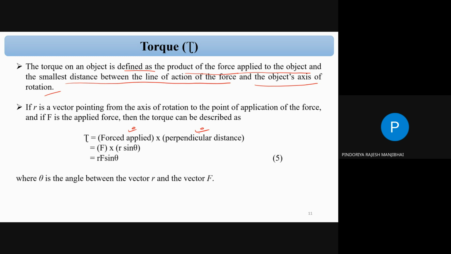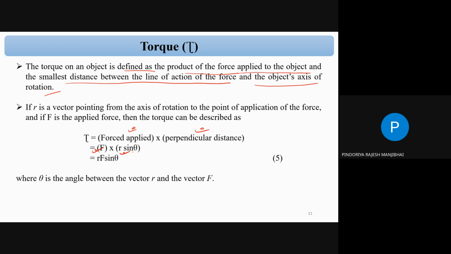Suppose you apply a force of 1 Newton, and the distance is maybe 1 meter. So torque is force times r times sine theta. Why sine theta? Because we are discussing a motor, so it is an angular movement.